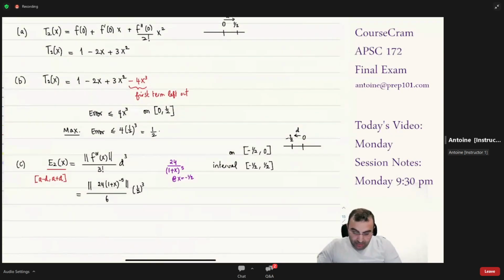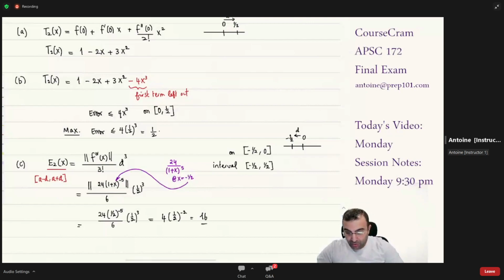So this would be 24 times 1/2 to the minus 5, all divided by 6 times 1/2 to the 3. I'm plugging x equals minus 1/2 in here to get the maximum value. And if we do this, 24 over 6 is 4, and this is 1/2 to the minus 2, so that would be 16.